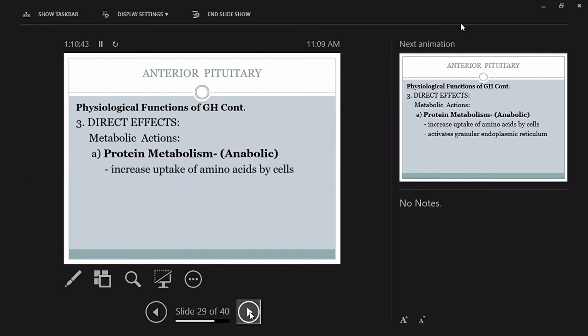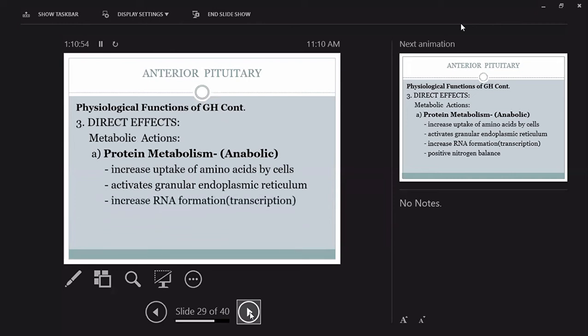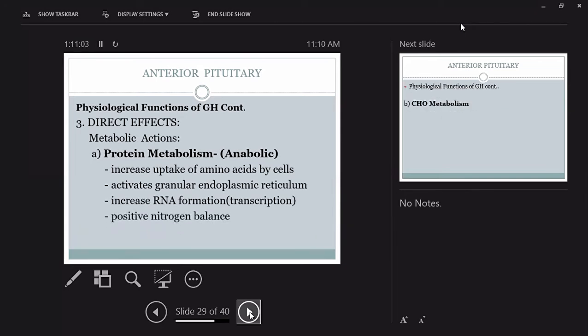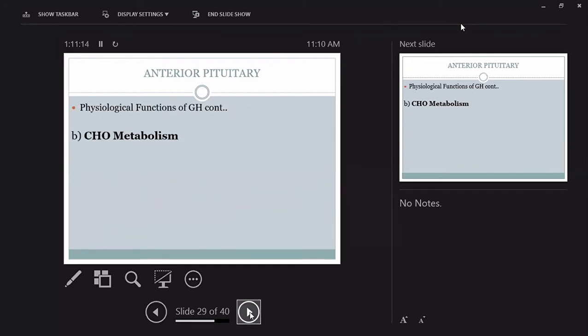It increases the uptake of amino acids by the cells and activates granular endoplasmic reticulum. It increases RNA formation, increases transcription, okay? And so that there will be a positive nitrogen balance because of uptake of amino acids, okay?